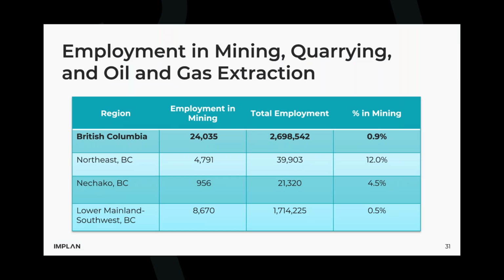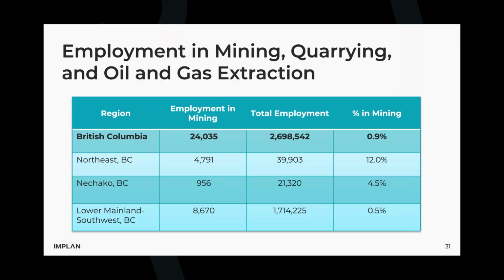So our first example that we're going to look at is employment in the mining, quarrying, and oil and gas extraction sector. If you look at the provincial average for British Columbia, less than 1% of total provincial employment is in this sector. But if you drill down to the economic region level, the story changes completely.